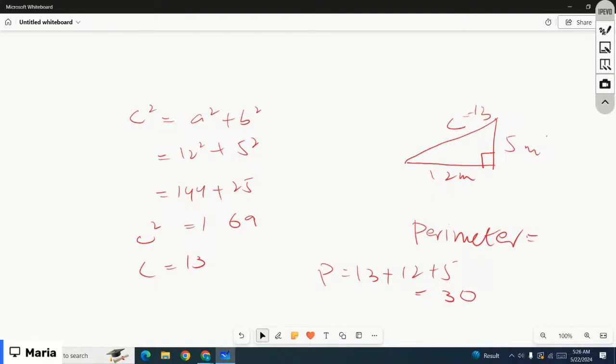Okay, let's just do another example. So for the perimeter, first you have to find the missing sides, then you have to add, right?